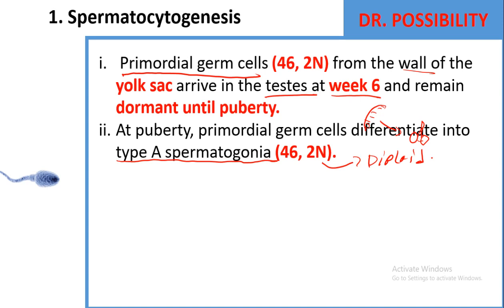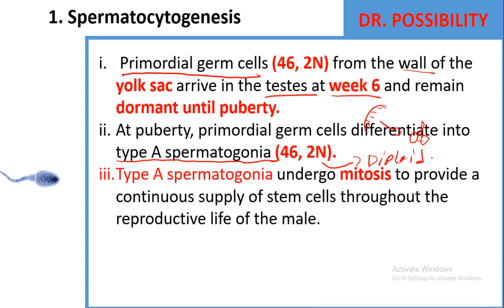Puberty. So this type A spermatogonia is going to undergo the process of mitosis. It's not going to undergo meiosis. No, it's going to undergo the process of what? Mitosis. This is also an exam part. The type A spermatogonia is the only one which undergoes mitosis, to provide a continuous supply of stem cells throughout the reproductive life of the male.